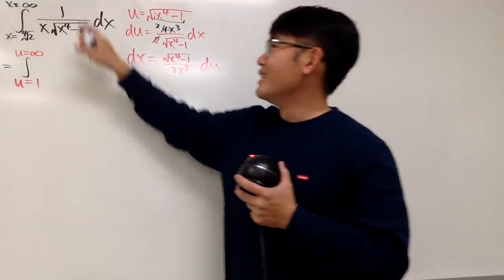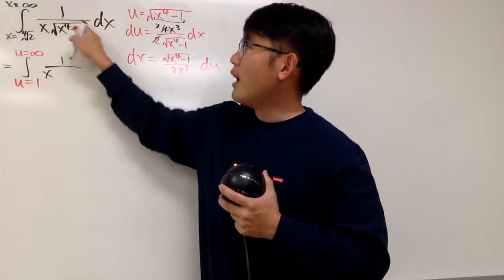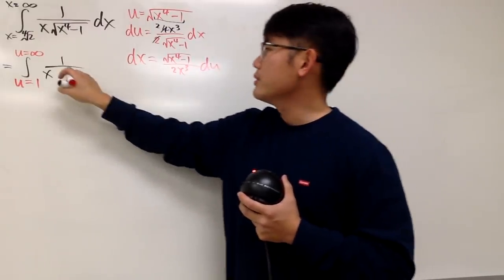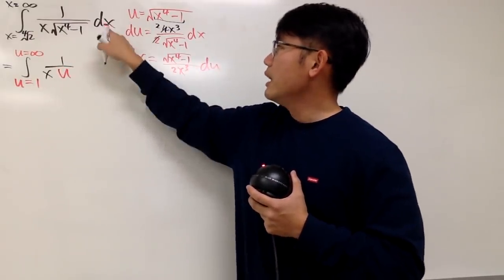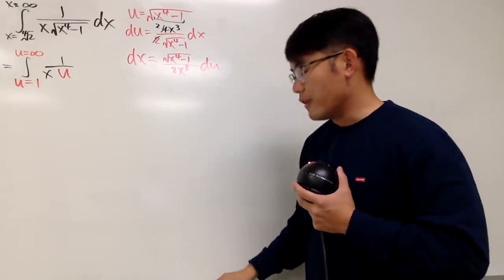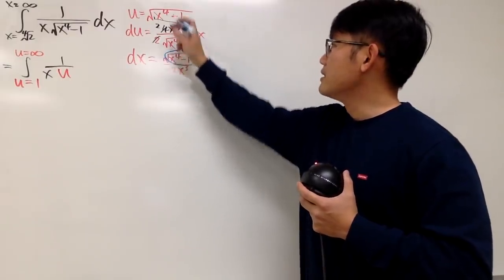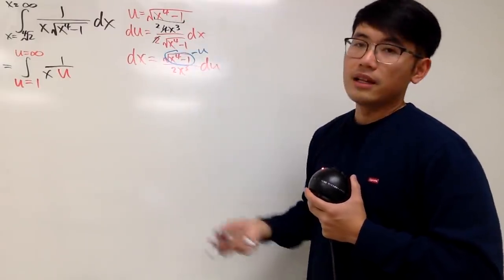And then we continue. We have 1 over x right here. And this part, well, we set that to be the u. So let's put that down as u. Dx, well, it's this. But notice the square root of x to the fourth power minus 1. This part is the same as u. So we can put that down as u.